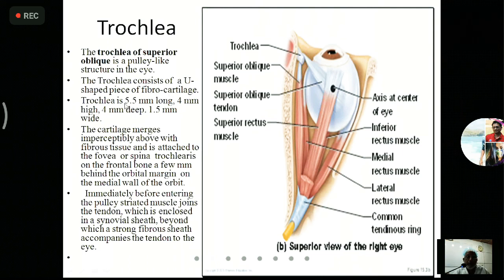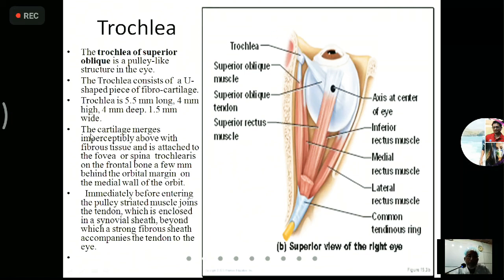The trochlea is 5.5 millimeters long, 4 millimeters high, and 1.5 millimeters wide. Remember this point. Okay, this is an MCQ question.